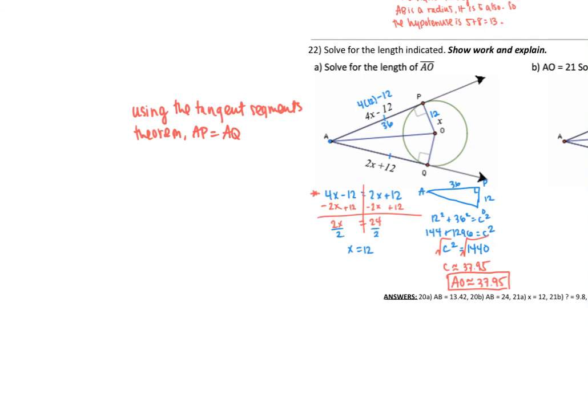And then we need to explain, well, actually we don't need to explain the tangent to a circle theorem because it already states that it's a right angle here. Had that not been drawn, we would need to say by the tangent to a circle theorem, we know that triangle APO is a right triangle. But actually in this problem it's a little bit easier because they already have that 90-degree angle drawn in, so you technically don't have to explain it because we already know it's a right triangle, which means we can use Pythagorean theorem.